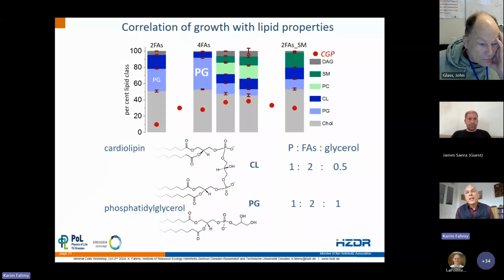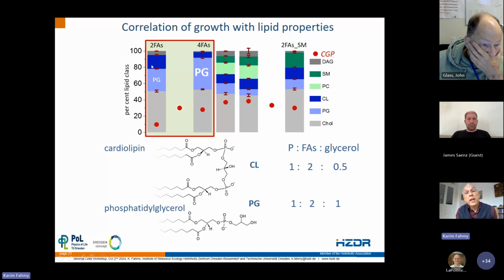But how does it correlate now, or how can it be explained with other lipid properties? And if we focus on these two comparisons here, 2 fatty acids and 4 fatty acids, still no sphingomyelin. Already 4 fatty acids gives a big advantage in biomass and growth performance. And if we look at the chemistry, however, if I form phosphatidylglycerol, which is the predominant lipid in the 4 fatty acids in the better growing culture, it would pick out one C3 metabolite from glycolysis to put into 2 lipid acyl chains.